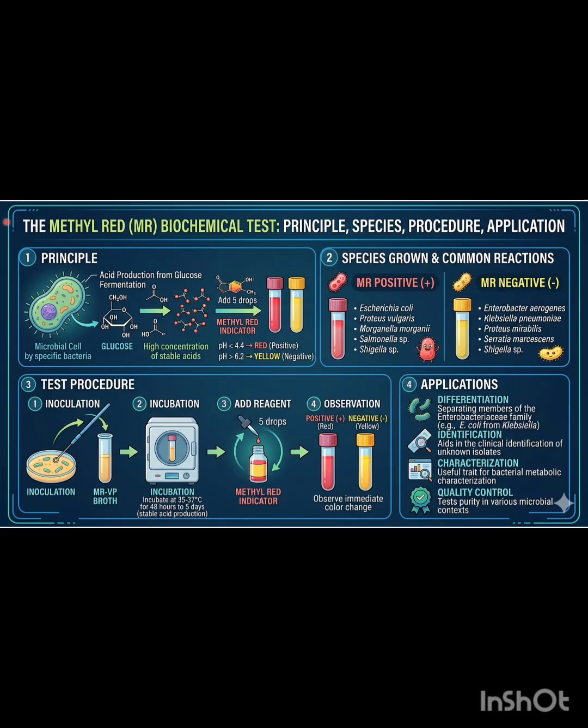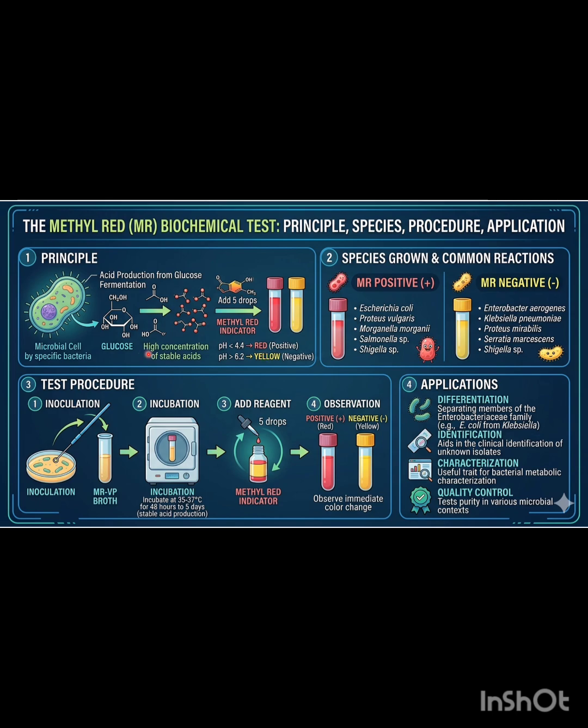So we know, when a substrate like glucose, lactose or sucrose, whatever carbohydrate we have, is getting fermented, obviously an acid has to be produced, which means the pH is going to decrease from the normal pH.